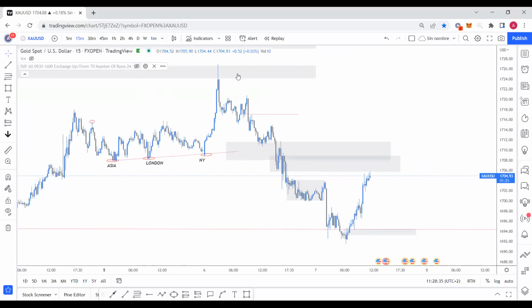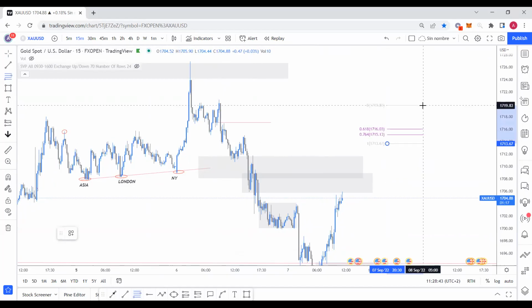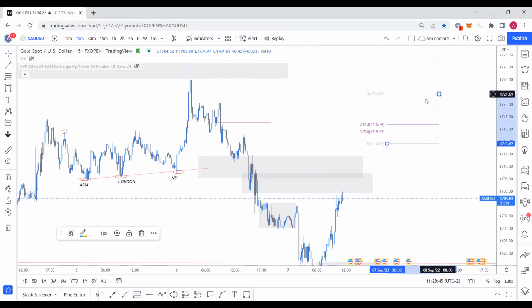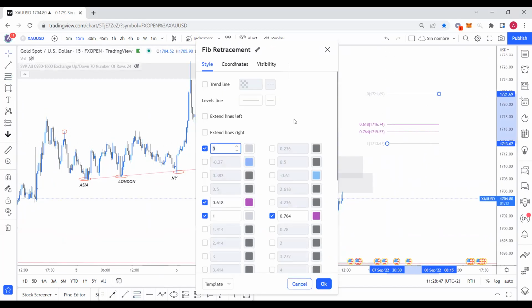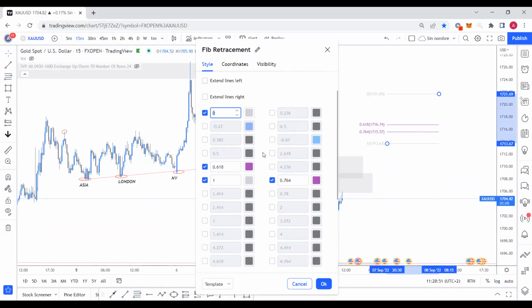And yeah, let's see. Let's also have a look at Fibonacci, okay? Because it's very important. I will now screenshot the settings. Well, no, actually they are already screenshot, okay? This is the Fibonacci. These are the settings. If you want to, you can screenshot them, okay? I only use these levels, the 0.618 and the 0.764, okay?